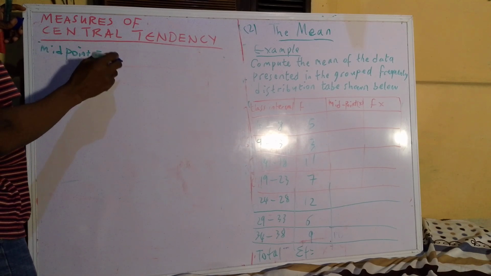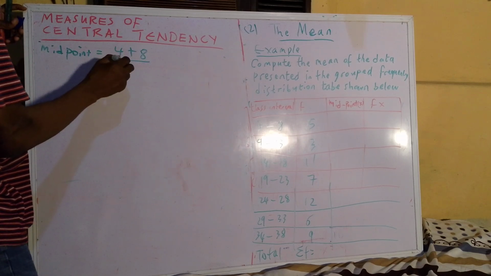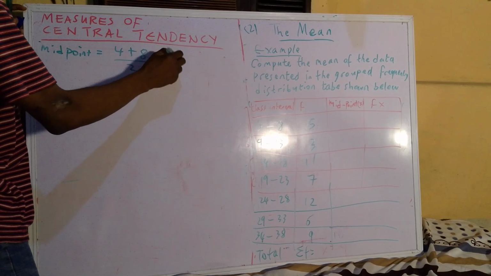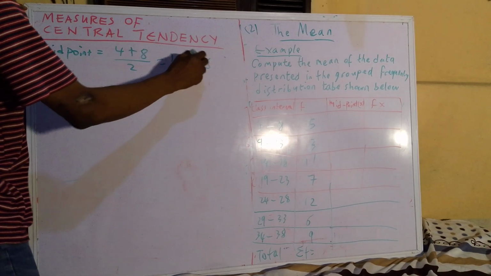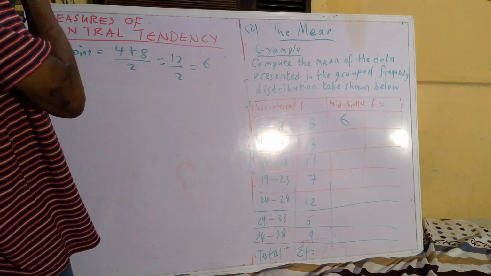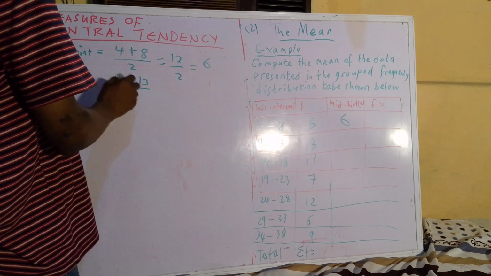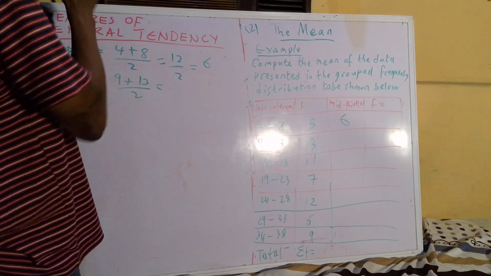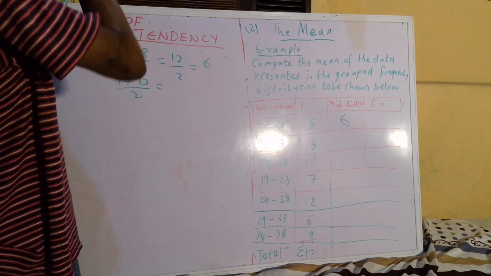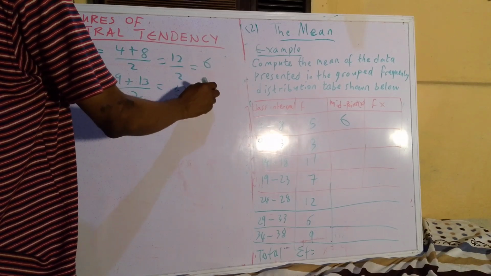Midpoint is equal to 4 plus 8, that's the lower and the upper interval, divided by 2. 4 plus 8 gives you 12. Divided by 2 gives you 6. So you put 6 here, and that is your x. And for the second one, 9 plus 13 divided by 2. 9 plus 13 gives you 22, divided by 2, that's 11.